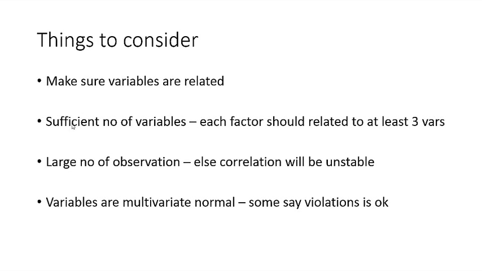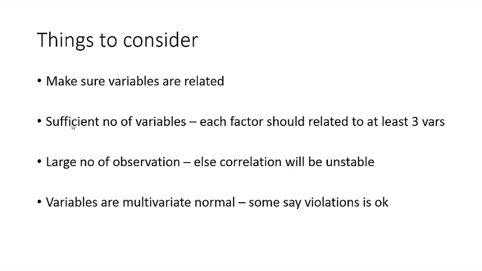One of the criteria, which is of course not a very strict criterion, is that variables should be multivariate normal. Well, what is multivariate normal? I'll have a video on multivariate normality, but to put it this way, multivariate means more than one variable, normal being normal distribution. So more than one variable normally distributed.